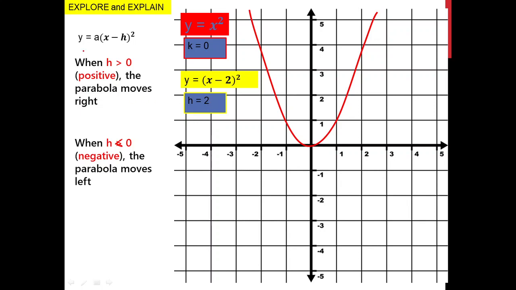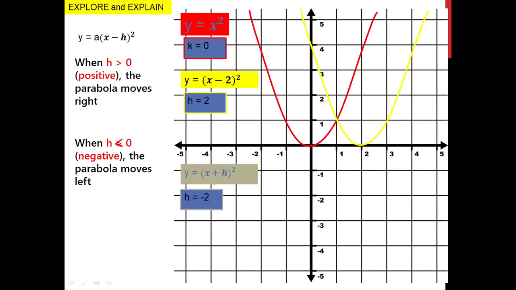So based on this statement, when h is positive, the parabola moves to the right. So try to take a look at the behavior of the parabola at h positive 2. From our parent graph, x squared, we have a change of h here, which is positive 2. So the parabola now moves 2 units to the right, since h is positive.